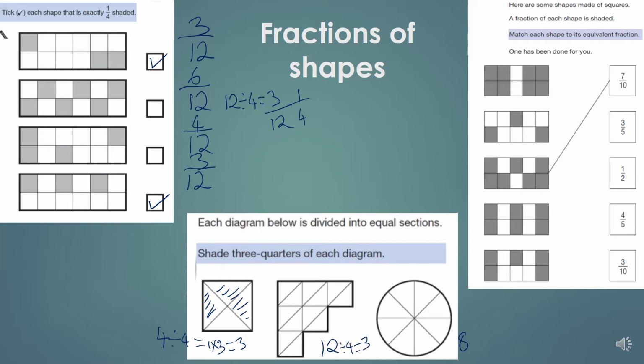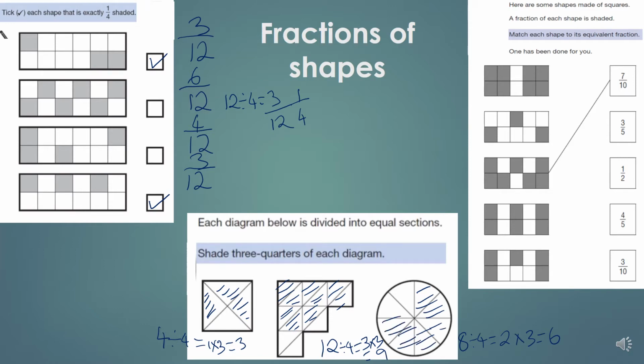That's 1/4. Times that by 3 equals 9. So we need to shade 9 sections. And here, 8 divided by 4 equals 2. 2 is 1 section, times that by 3, and that gives us 6 sections, which is 3/4.